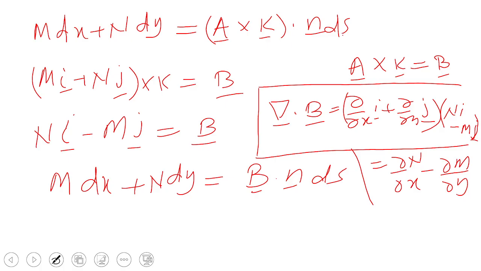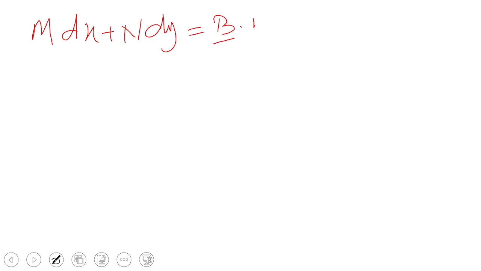So, that is the divergence of B. So, now we have these two values: M dx plus N dy is equal to B dot n ds.